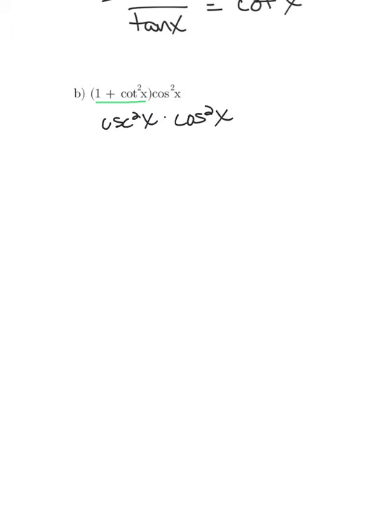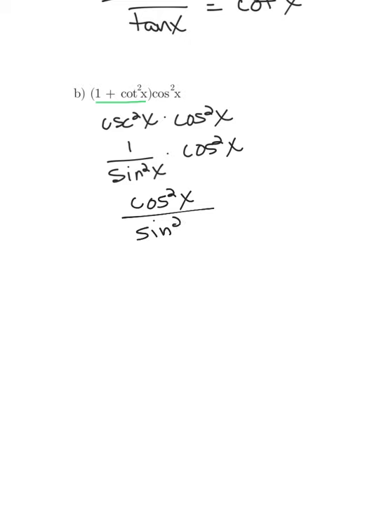When I think about cosecant, though, I know that it is the reciprocal of sine. So I can rewrite cosecant as 1 over sine squared of x times cosine squared of x. Now multiply these fractions and you will get cosine squared of x over sine squared of x.